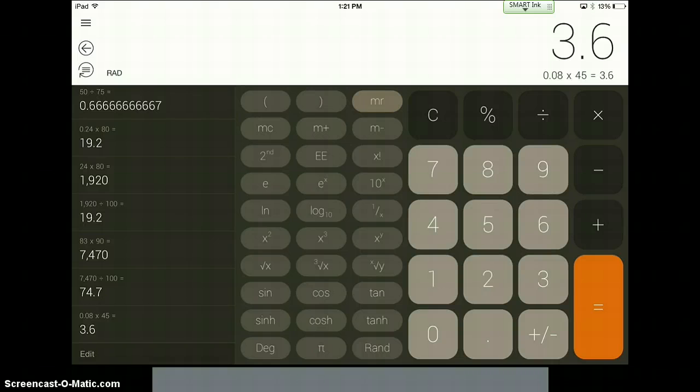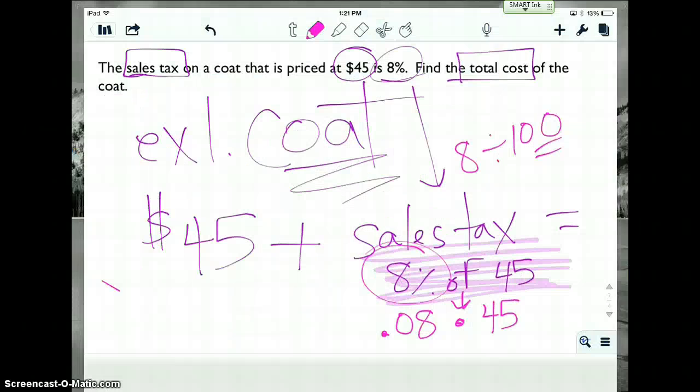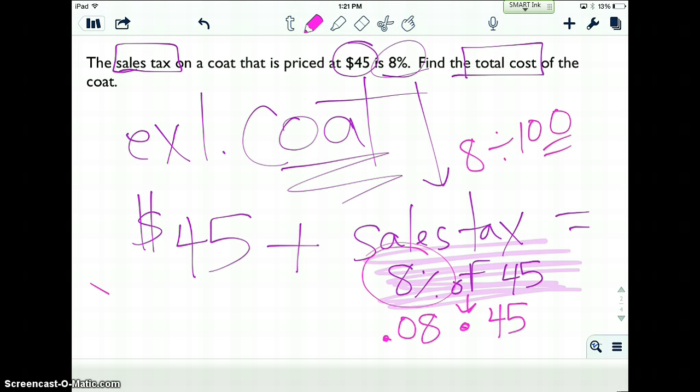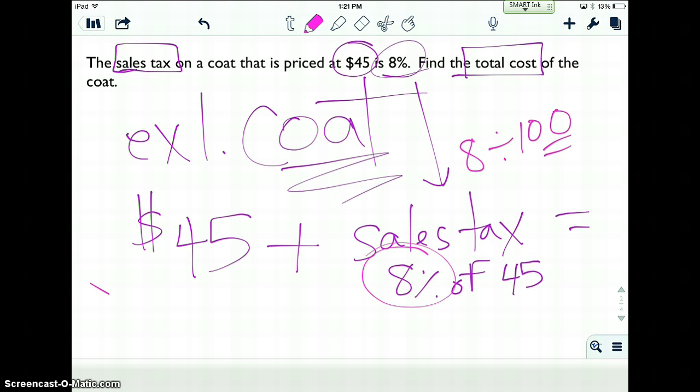So remember, I'm working in money. That was $45. So if I get 3.6, what is that in money? That is $3.60. So when I go to the register, are they going to say the total will be $3.60? You wish. No. That's going to be what's added on to the price of the coat of 45 bucks.